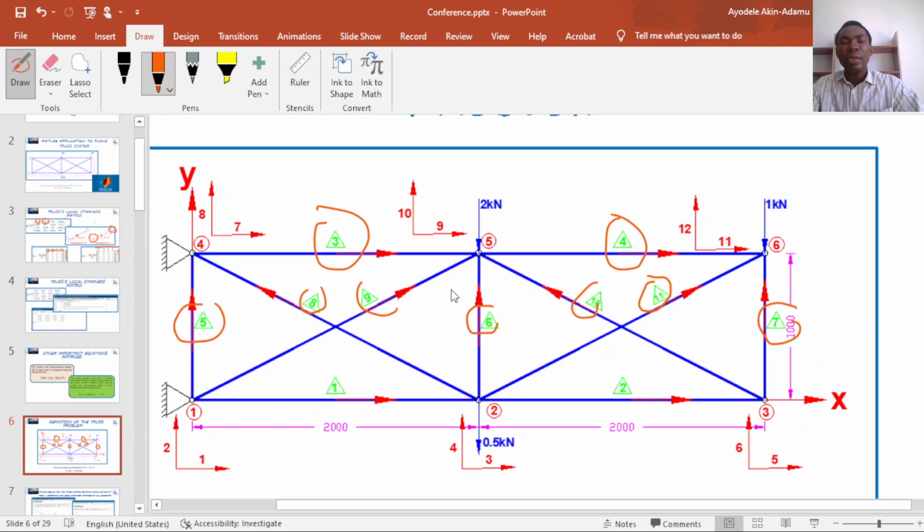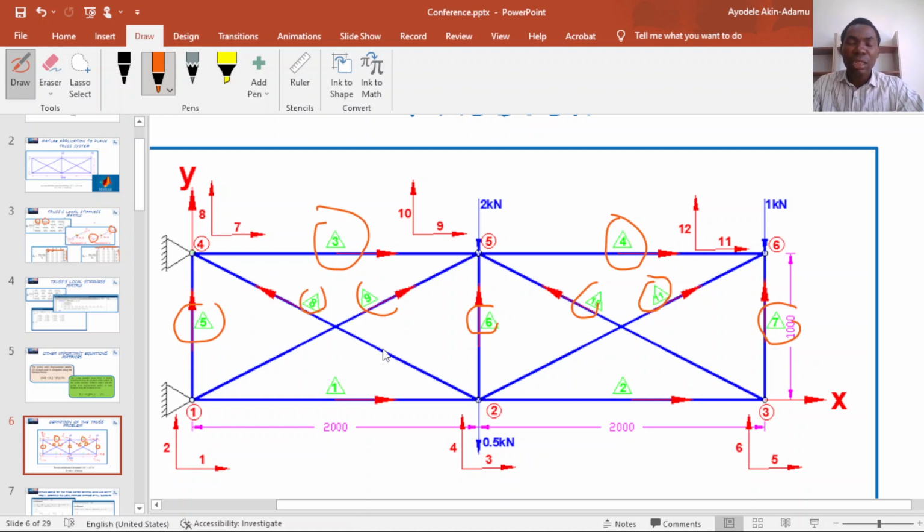This labeling can be in any order you like. It does not matter how you label it. I choose to label my truss elements in this order. But once you label it in a particular order, you have to stick to it to the end.